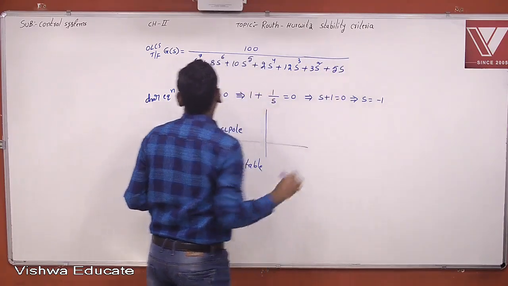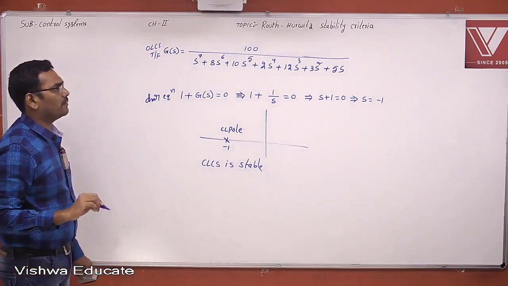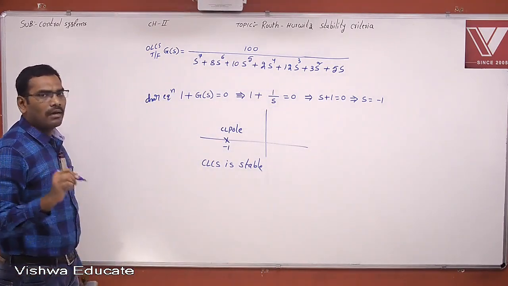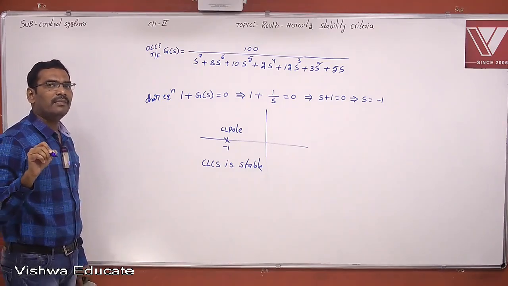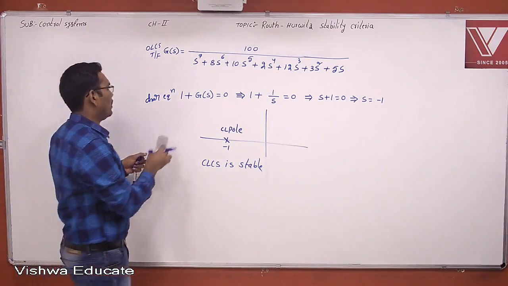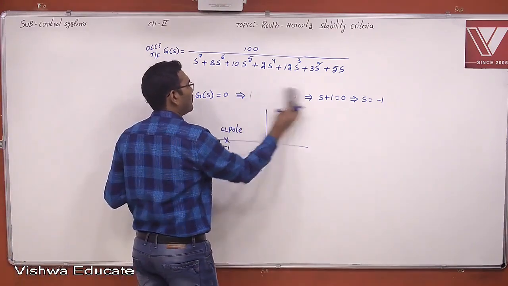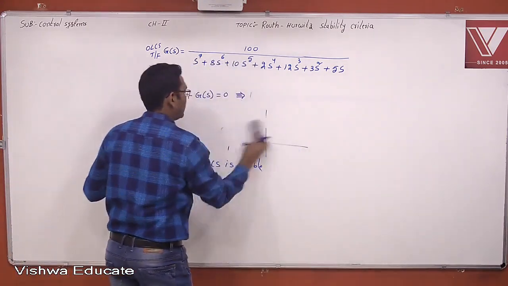Now this is the open loop control system transfer function. Now the question is, what is the stability of the closed loop control system? Find the stability of the closed loop control system. Now you first find the characteristic equation.